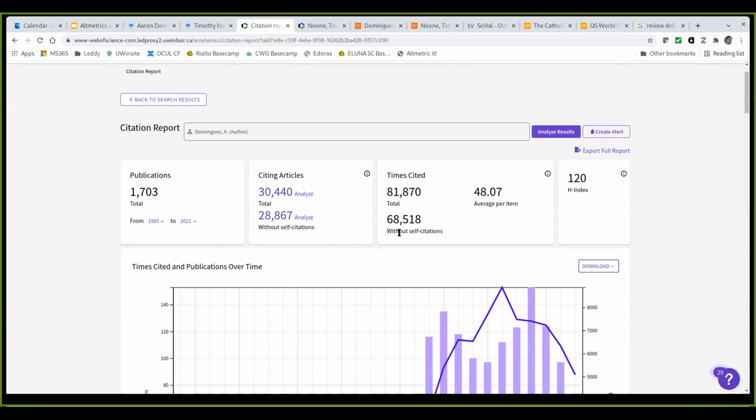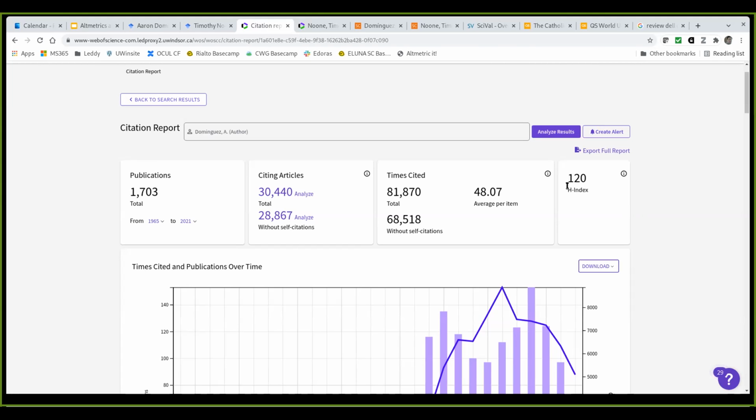And there's also a notion of excluding those citations that one includes in their own publications. This is a way that one can inflate one's own H index value, by citing yourself.